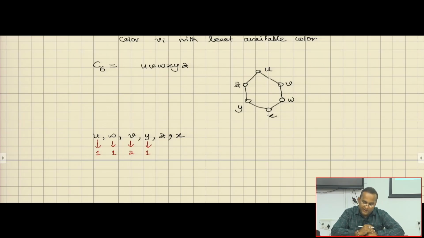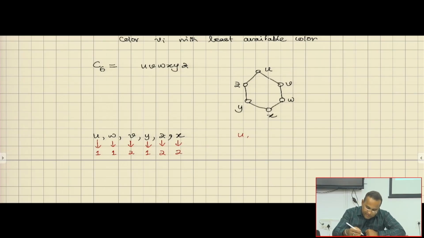Z is adjacent to U and Y, so we give it color 2. What about X? X is adjacent to Y and W, right? So we can give it color 2, right?